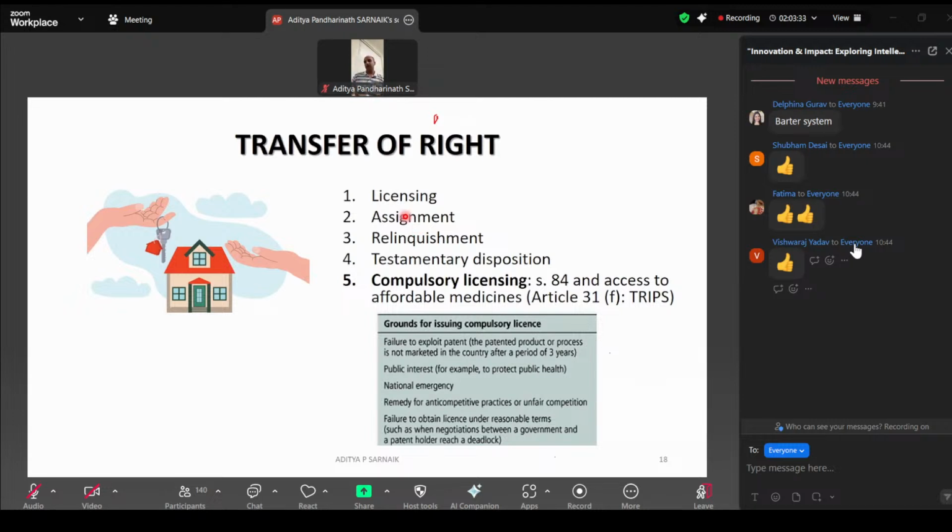So, what is transfer of rights? When I talk about licensing, under licensing you get multiple rights, but not all rights. If I am licensing my patent to some other person or company, that person or company can use that particular invention for a specific period of time.